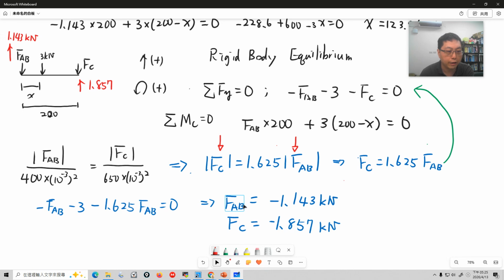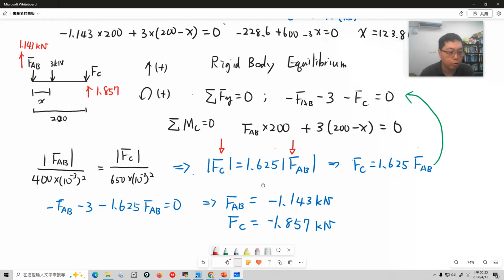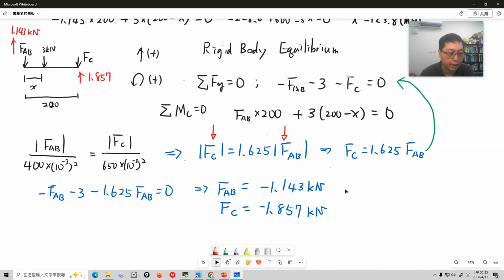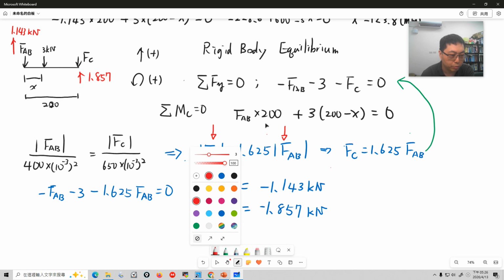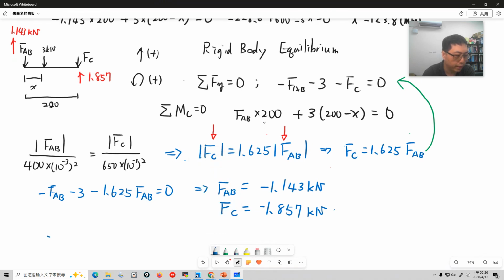Okay, and then let's go further. Could we get a right answer for x? Here FAB is minus 1.143, so we just put this value back into the moment balance equation, times 200, and then plus 200 minus x equal to 0.